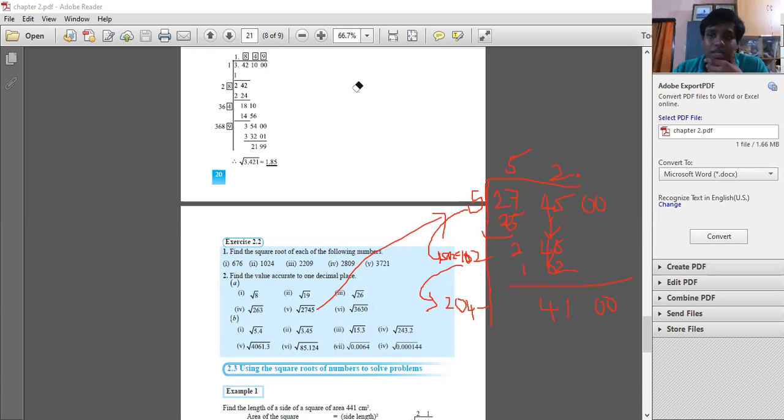Just check those numbers. This should be 204 because 102 into 2 is 204. 245 minus 204 will give you 41. So 4,100 is the answer you should find. So how are we going to do that? The answer is a very vast answer.